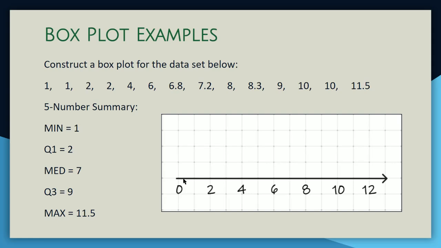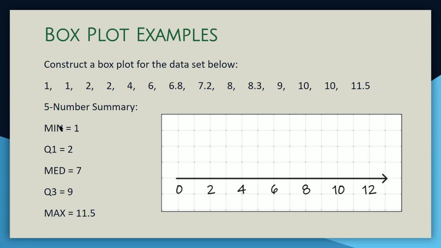You can put 1 on one edge and 11.5 on the other. What you do need to have is a proper scale, meaning the gaps between those tick marks or numbers on your scale need to be the same. Here you can see I counted by 1, each box is 1, and I labeled every other. So 0, 1, 2, 3, 4. So those gaps are uniform.